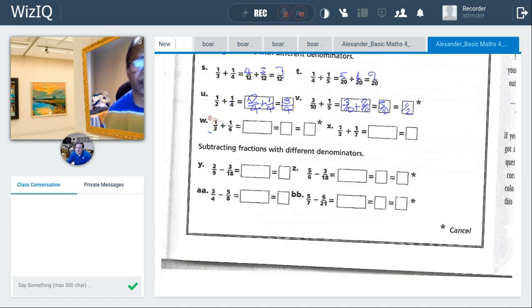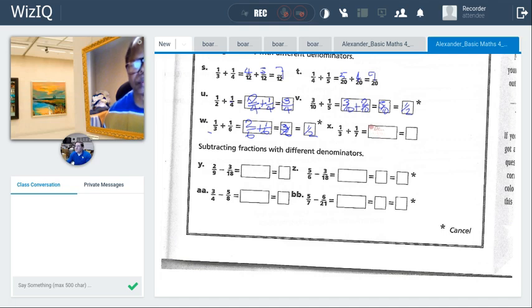This one here. Yes. 2/6 plus 1/6 equals 3/6 equals 1/2.